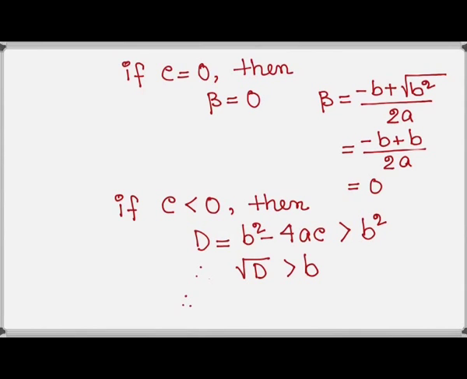Therefore we have now beta equal to minus b plus square root of D divided by 2a is strictly bigger than 0, that is beta is positive.